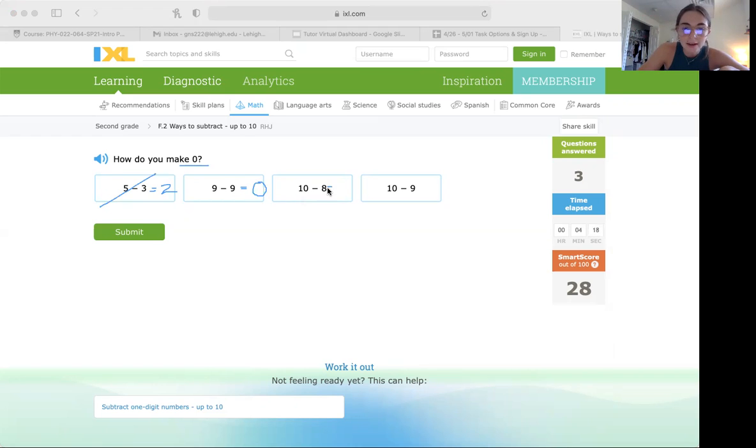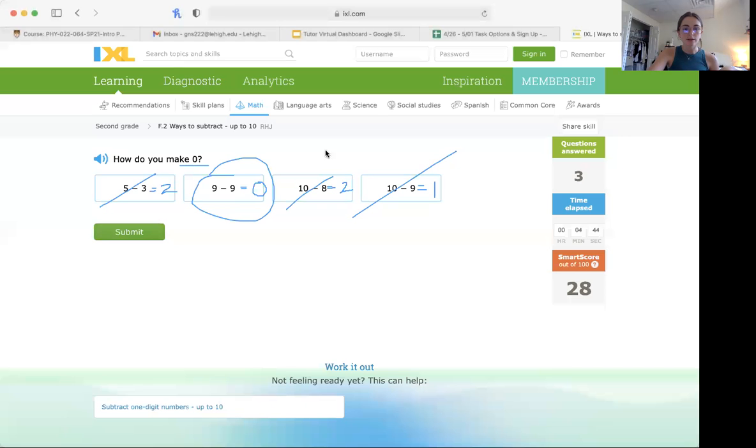You have 10, you take away 8, and you're left with 2. You have 10, you take away 9, you're left with 1. So this one doesn't work, and this one doesn't work, so this must be your answer. To get to 0, you have to take everything away from what you already have. So that's our answer.